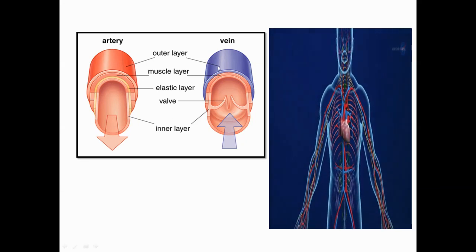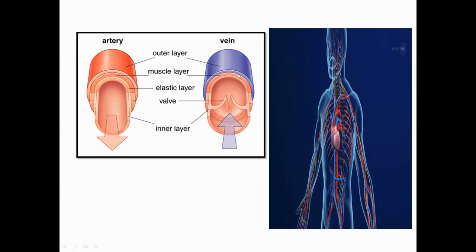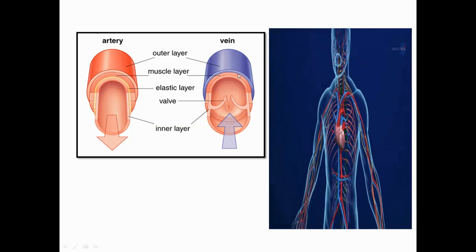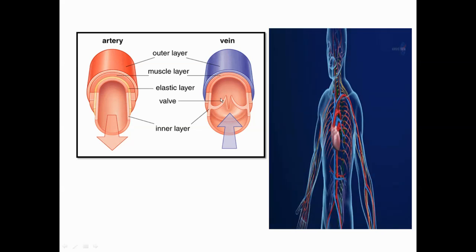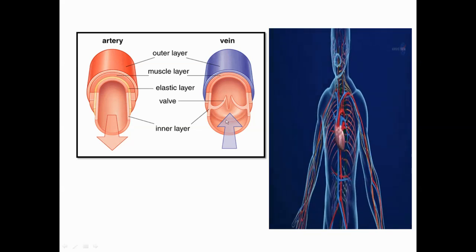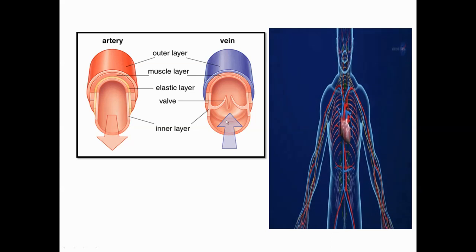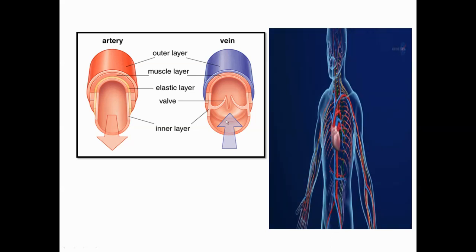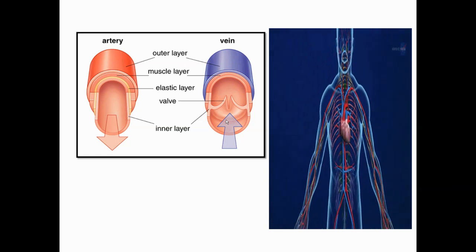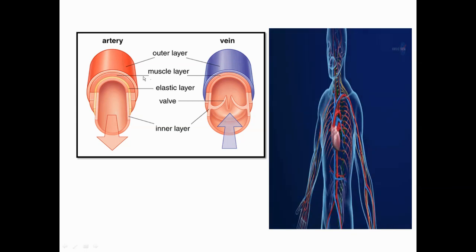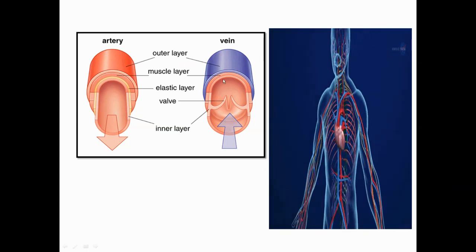Now look at the vein. You can easily see it is blue in color and it carries deoxygenated blood towards the heart. And pulmonary veins are the exception, which carry what kind of blood? That is oxygenated. So you can demarcate artery and vein with the help of colors as well.